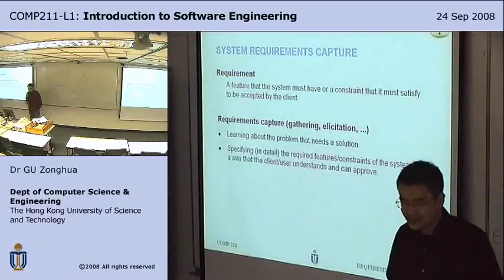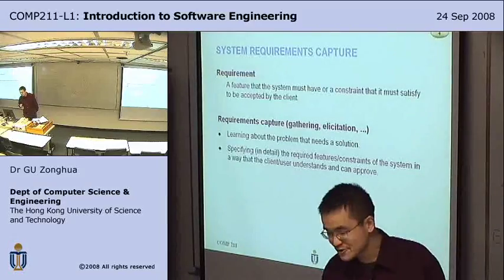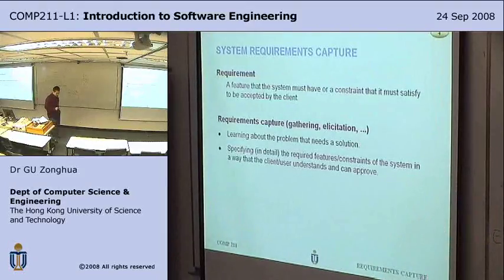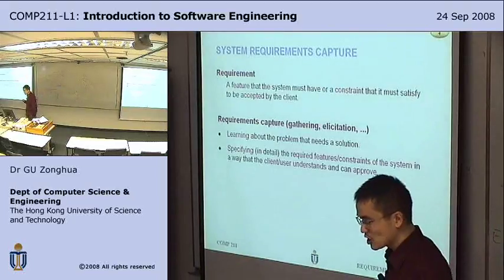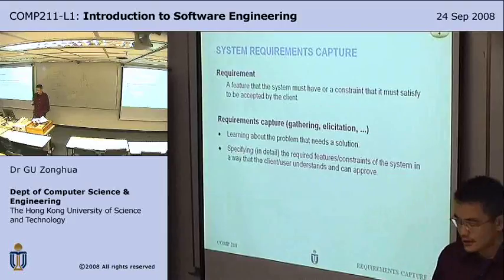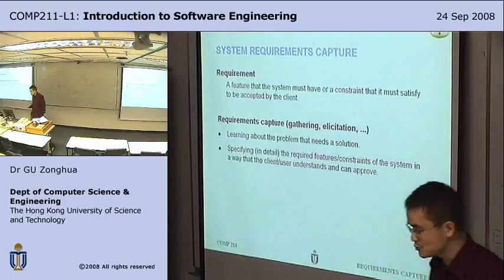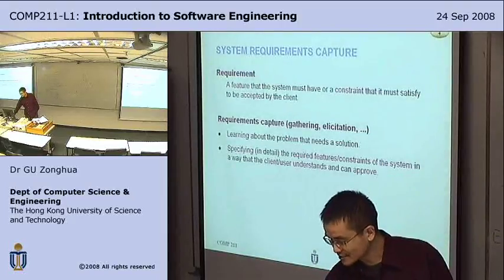In a way that the client understands, which means that it should be in natural language, it shouldn't be in computer jargon. And the reason is that the client needs to approve it. It serves as a contract between the developers and the client.